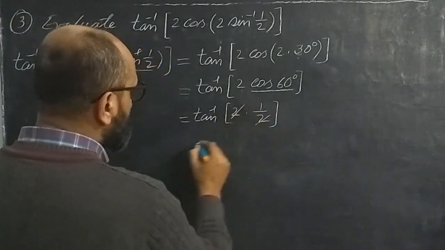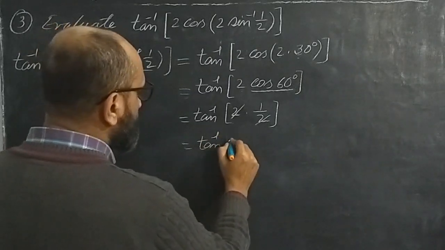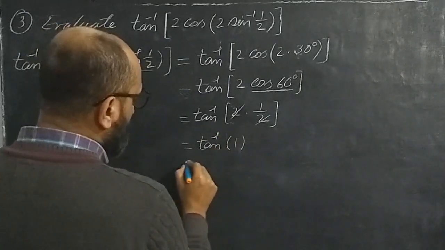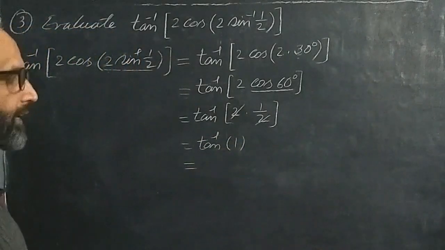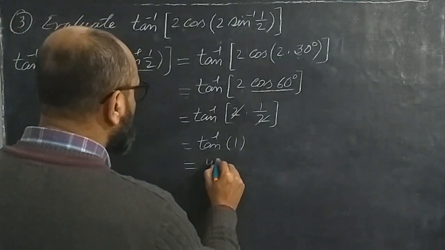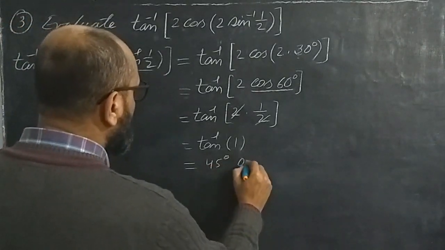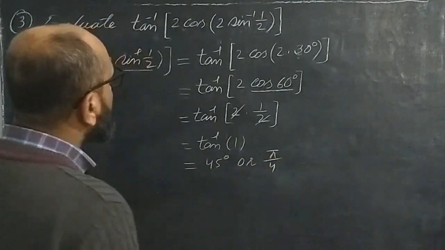Now 2 is cancelled by 2, and finally we have tan inverse 1. So tan inverse 1 means that angle for which tan has the value 1, which is 45 degree or pi by 4 radian. So 45 degree or pi by 4, and that's it.